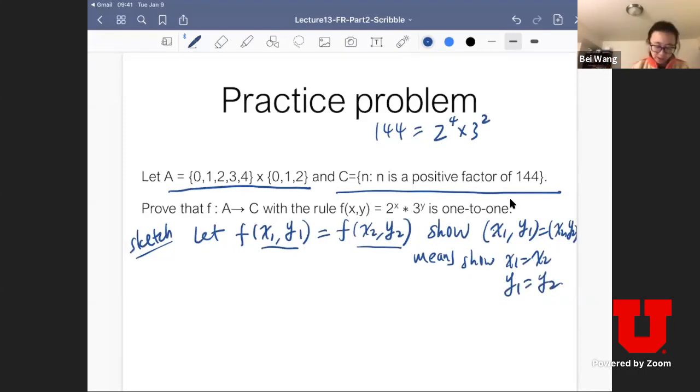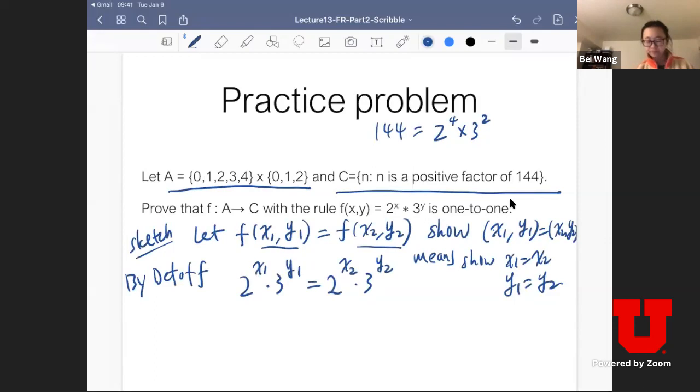Okay, so by definition of f, because f(x1, y1) is equal to f(x2, y2), we have 2 to the power of x1 times 3 to the power of y1 is equal to 2 to the power of x2 times 3 to the power of y2. And somehow we want to arrive at the fact that x1 equals x2, y1 equals y2. So what does this mean?